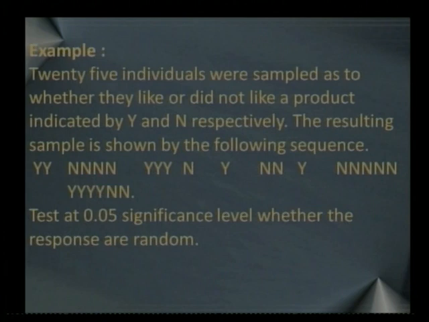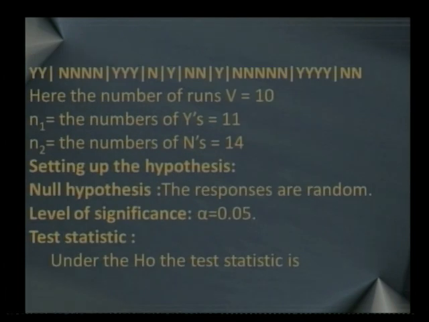We have to test at the 5% level of significance whether the responses are random. So here Y, N, N, N, N: first Y, after its completion, the first run is completed, and the next run starts with N, N, N, N, and so on. Here the number of runs V is equal to 10, n1 is the number of Y's, which is 11, and n2 is the number of N's, which is 14.